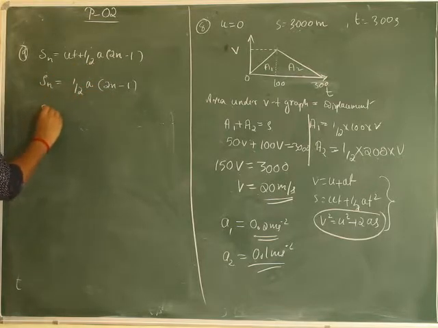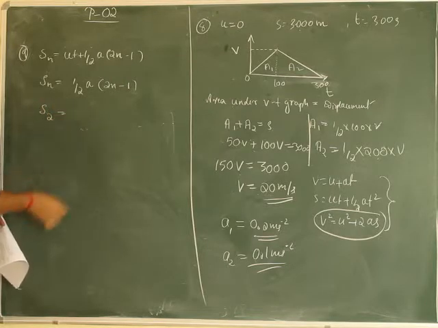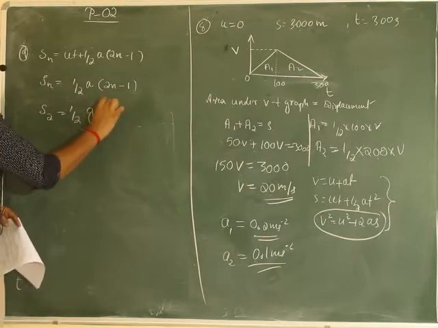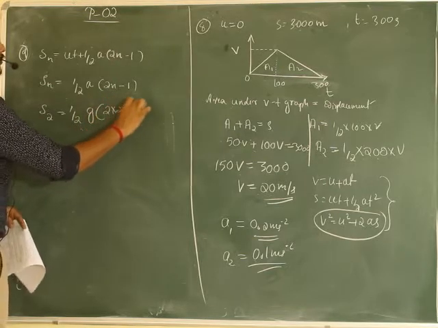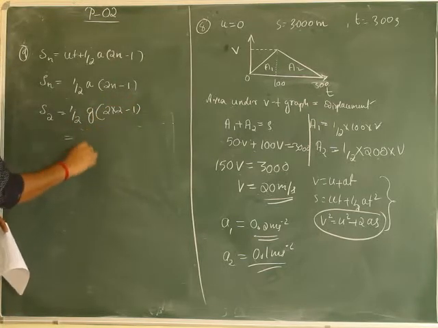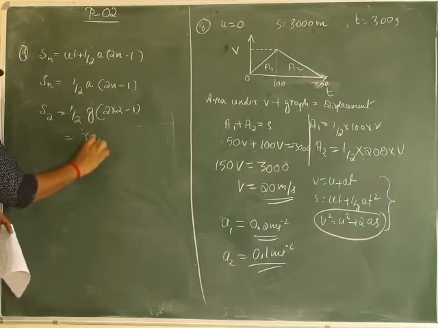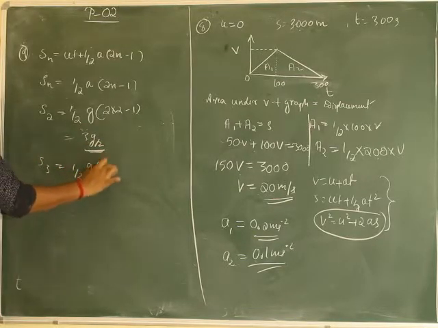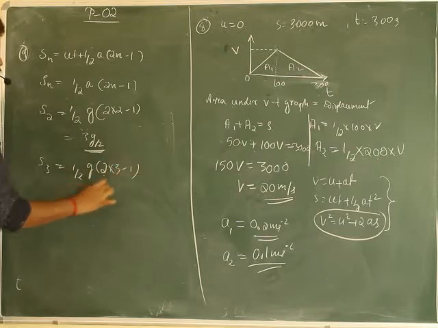Let us find out. I will go for the first, that is the second second, S2. How much is that? Half into a, a means g, into 2 into 2 minus 1. How much do you get? 4. That means 3g by 2. Next, for the third second, S3, I will take half into g into 2 into 3 minus 1.